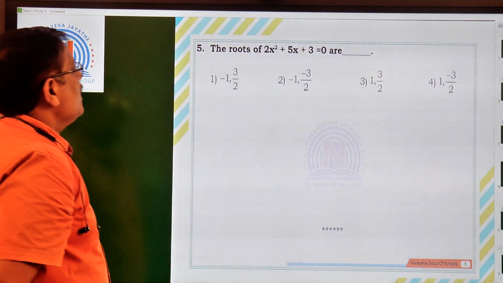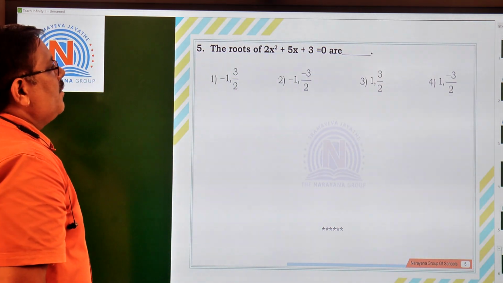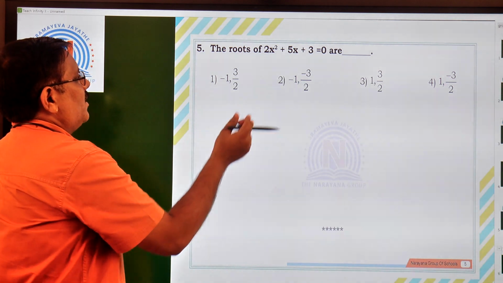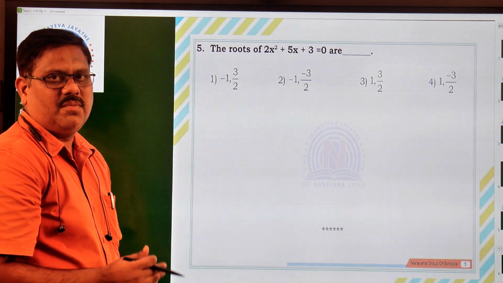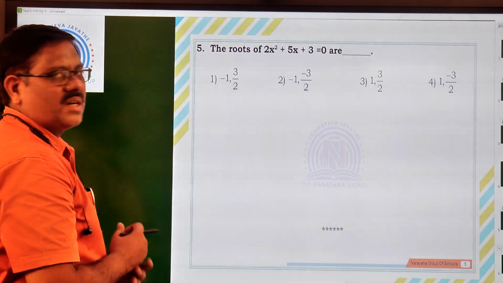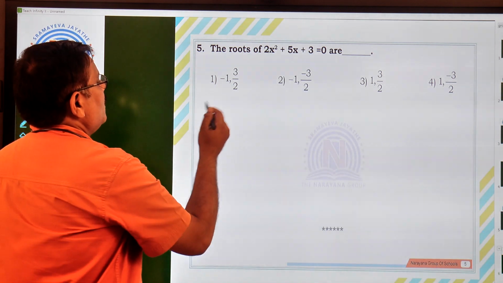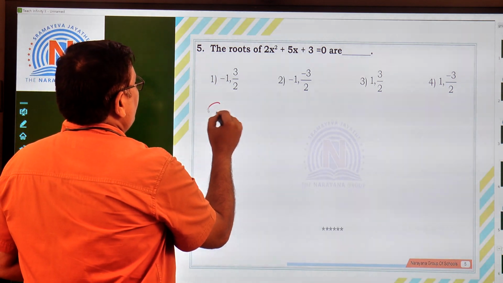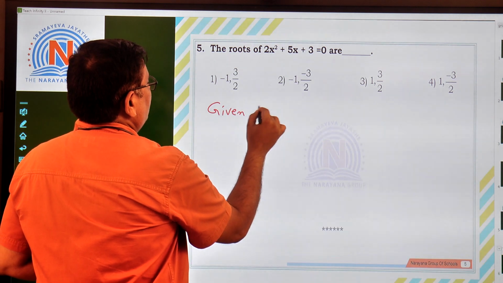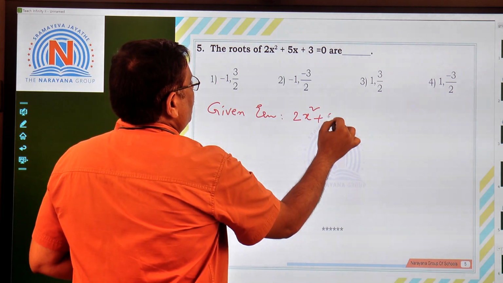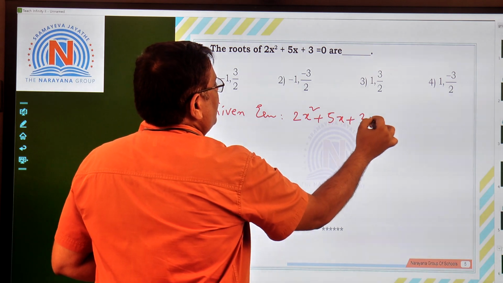Fifth question. The roots of 2x square plus 5x plus 3 is equal to 0 are. Here also we can make use of a shortcut formula, but I don't think it is required. We can simply use the quadratic formula. It's a simple question to solve. So the given equation is 2x square plus 5x plus 3 is equal to 0.